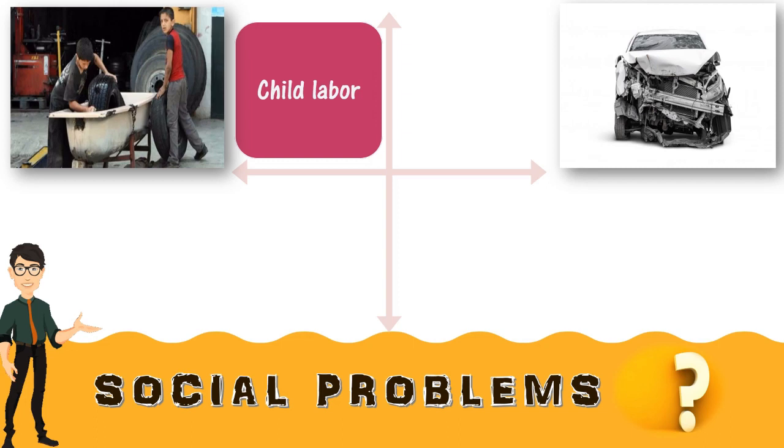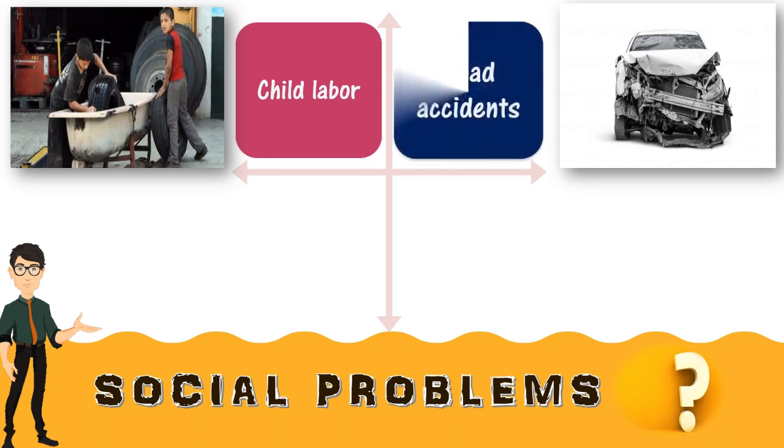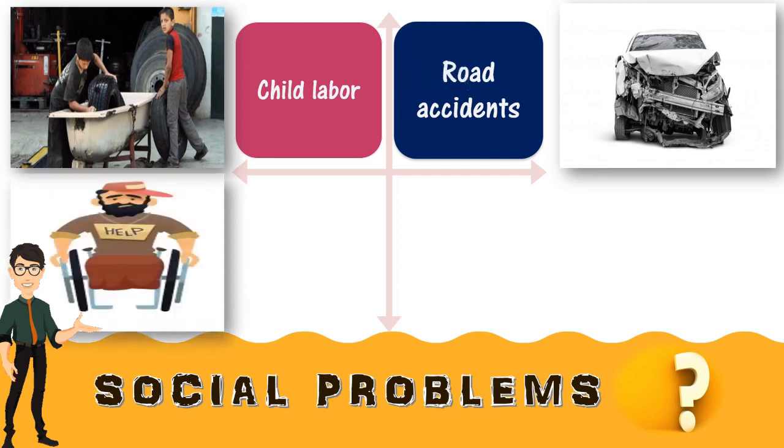One more serious problem, especially in Morocco, is road accidents. Another category of people that seem to have a lot of problems in our society are disabled and handicapped people. The problem is called disability.